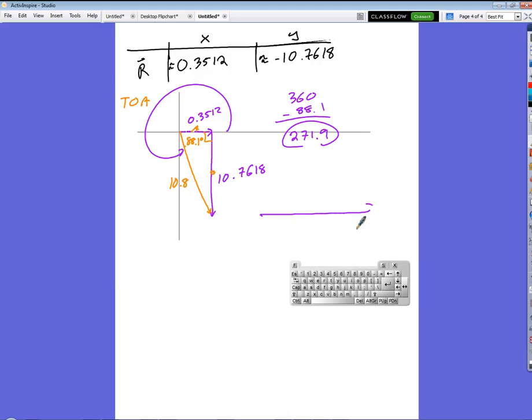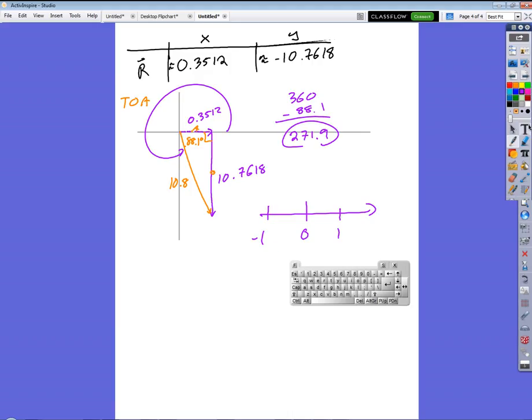If that's 0 and that's the positive x-axis, then going backwards is the negative direction. If I started here and went this way, and let's say that's 1, then that's just negative 1 because I'm going backwards. Same with angles. If counterclockwise is positive, clockwise becomes negative, okay?